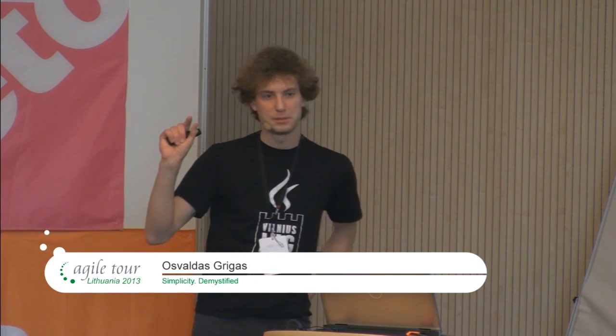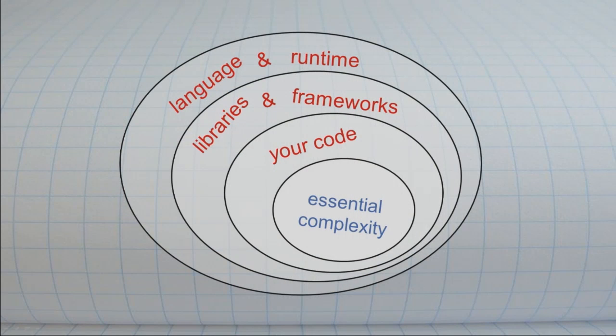Each time you use libraries and frameworks which are complex, and you only use a small piece of that, you still bring all the complexity that doesn't help you solve the customer's problem. It's incidental. And in the base, there is the language, the runtime and environment, which also has its own complexity, which is more likely incidental than essential.